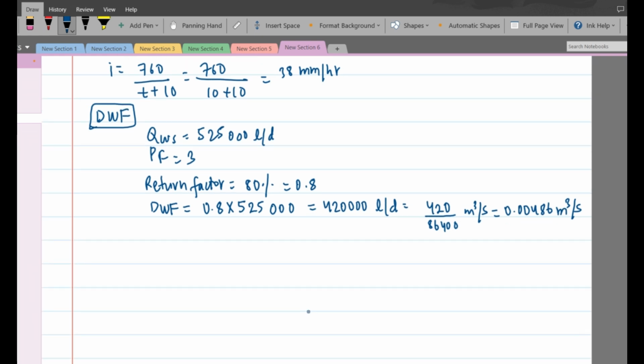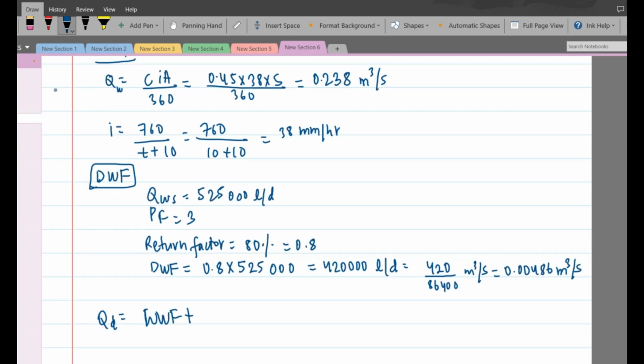Now design discharge will be WWF, this is wet weather flow, plus the peak factor times DWF. Peak factor is 3, right? So WWF is 0.238 plus 3 times 0.00486.